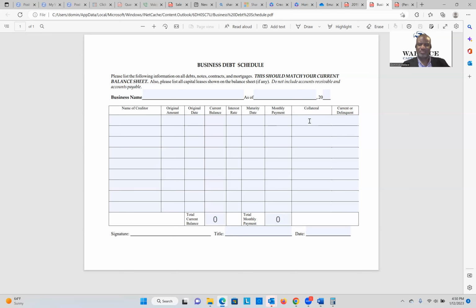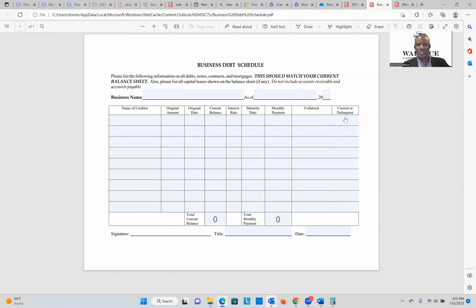Secured would be, like, a vehicle loan. It'll be secured, right? If it's a credit card, more than likely it's unsecured. If it's an equity line of credit, maybe that's against a property, then it's collateralized. Most credit cards are unsecured.